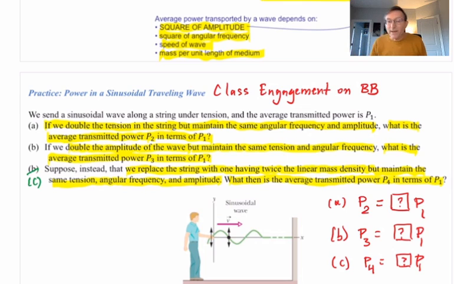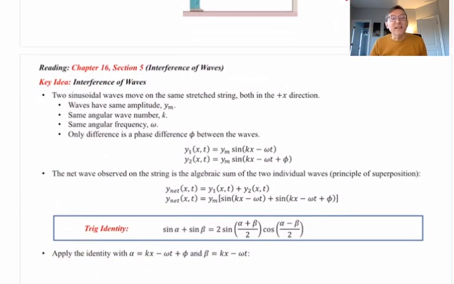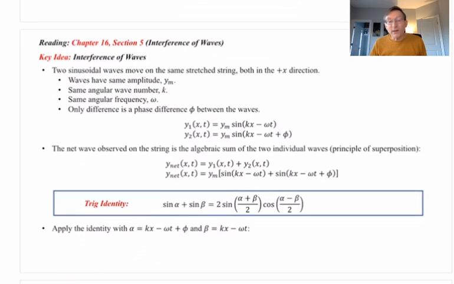I have one more topic I want to talk about in this video. We're moving on. We're going to be omitting Chapter 16, Section 4, and we're going to go into Chapter 16, Section 5, one of the most important concepts when it comes to studying waves. Chapter 16, Section 5 is about a phenomenon known as interference of two waves.